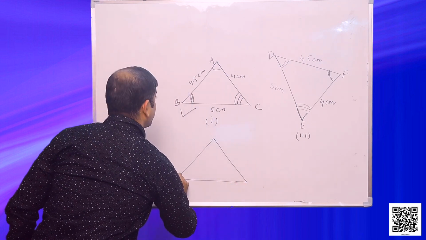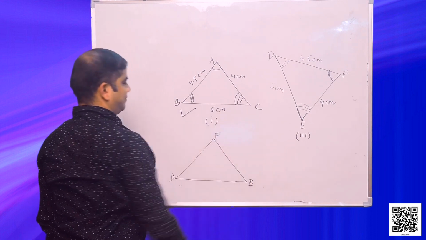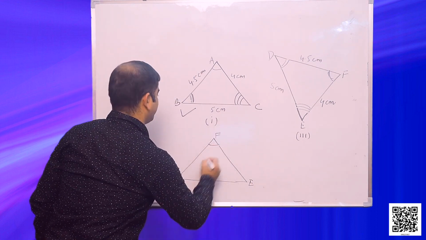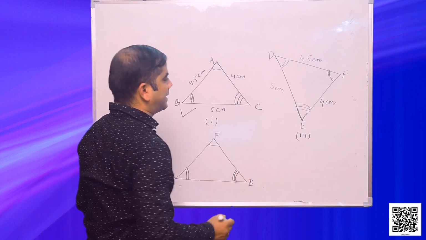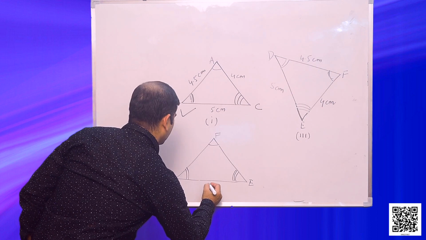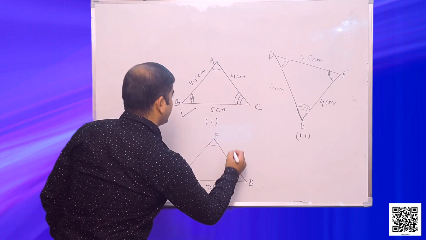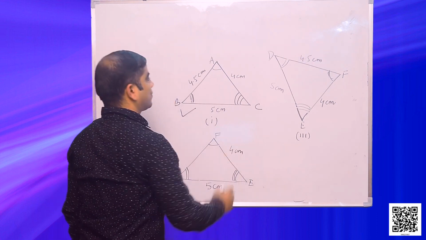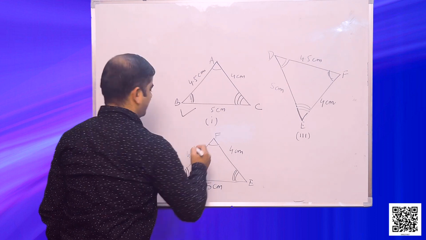Okay? D, E and F. Fine? So let us write down the measurements first. DE is 5 centimeter. EF is 4 centimeter. And DF is 4.5 centimeter.